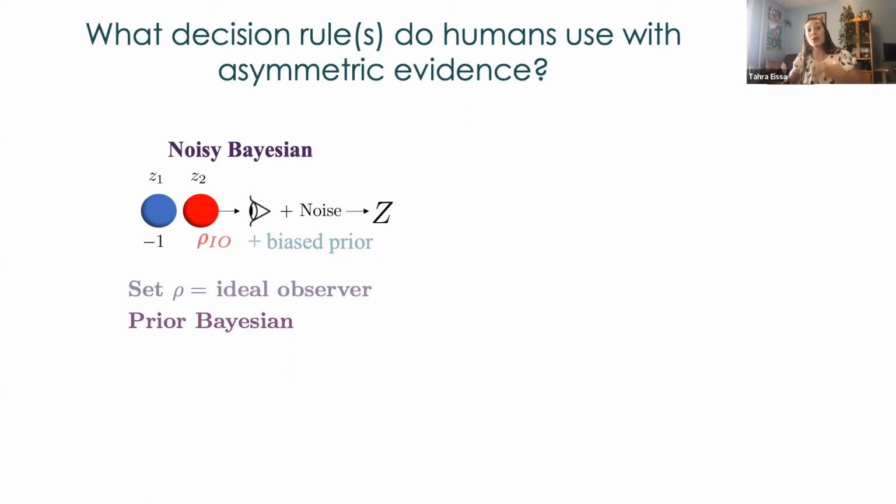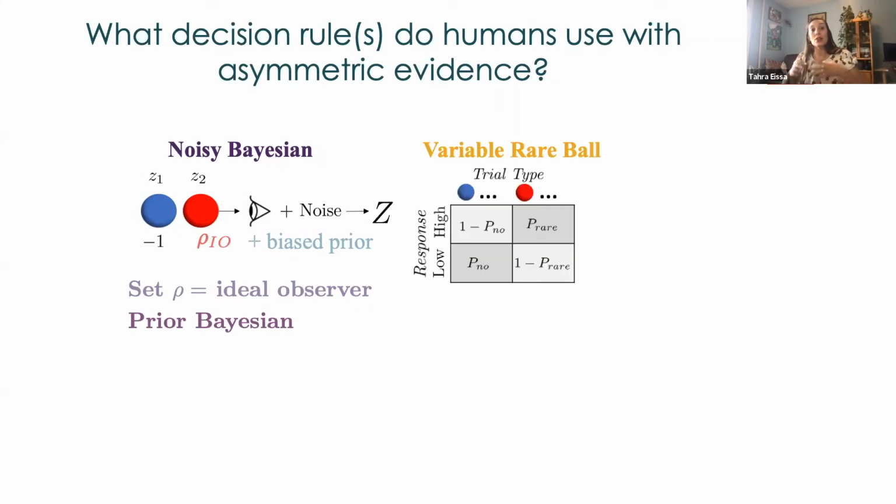On the other hand, though, we have these heuristic models that we can also consider. And so the main one that we're going to think about is what I'm going to call a rare ball model. So in this case, we're going to think about a rare ball model as a very simple heuristic in which if a rare ball or a number of rare balls is seen, then with some probability, the observer responds high, and with some probability, they respond low.